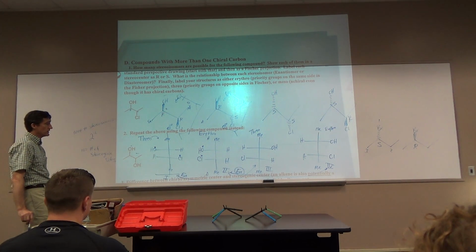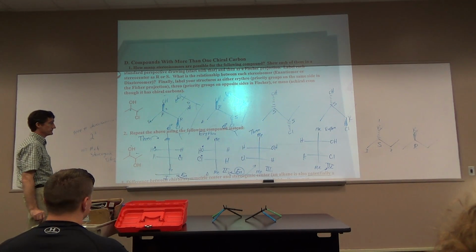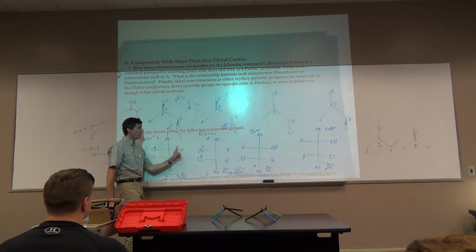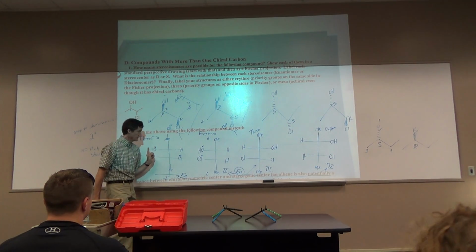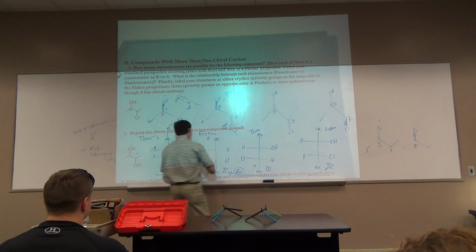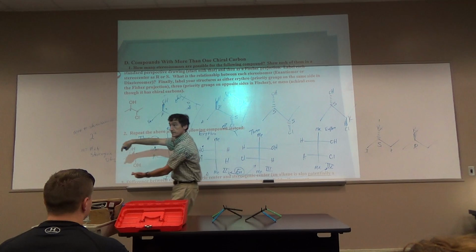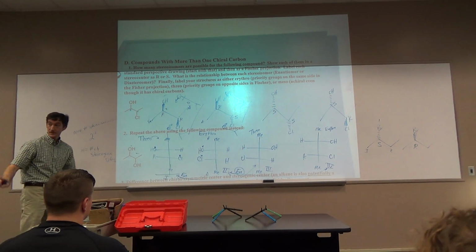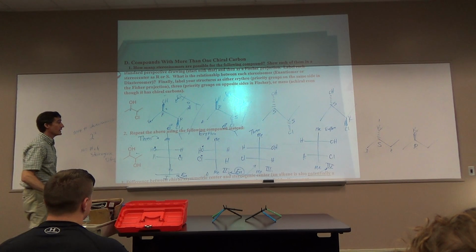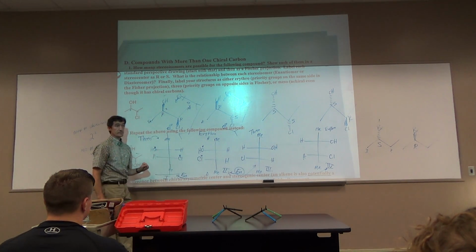Question though, what's the relationship between 1 and 2? Are 1 and 2 mirror images? No. Because a mirror image of both of these on the same side would be both of these on the same side. Question, are 1 and 2 stereoisomers?